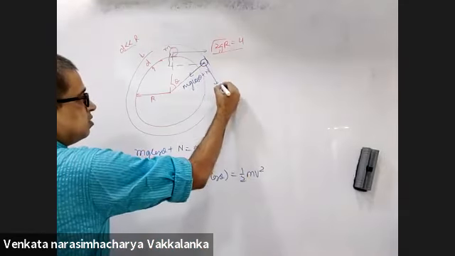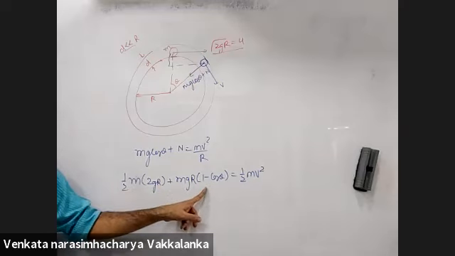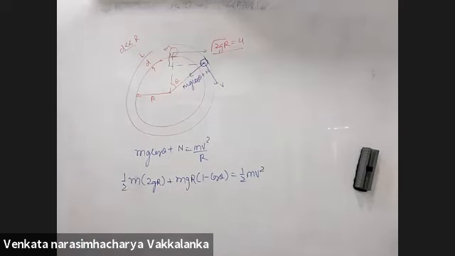The velocity here is taken as v. Total mechanical energy initial is equal to total mechanical energy final.